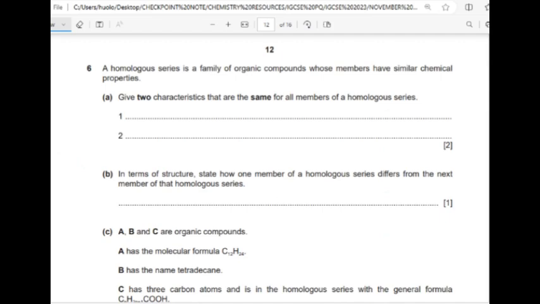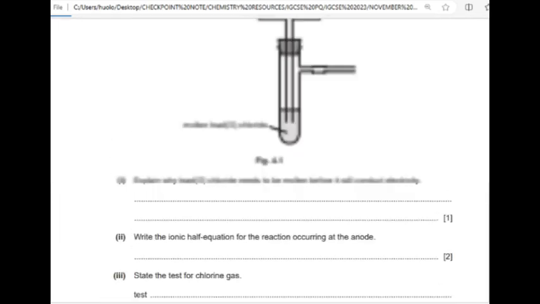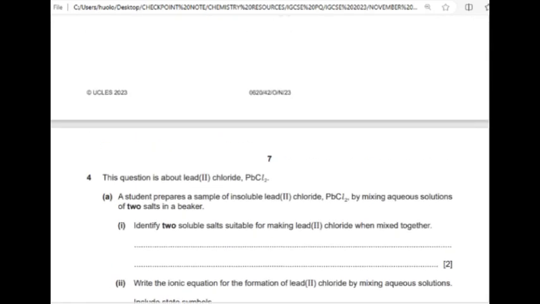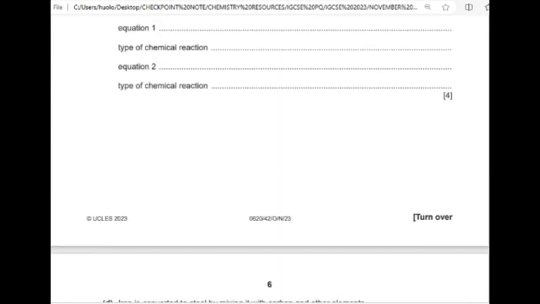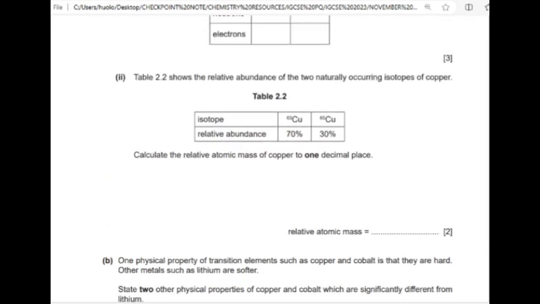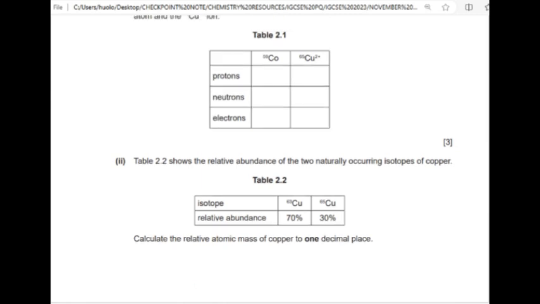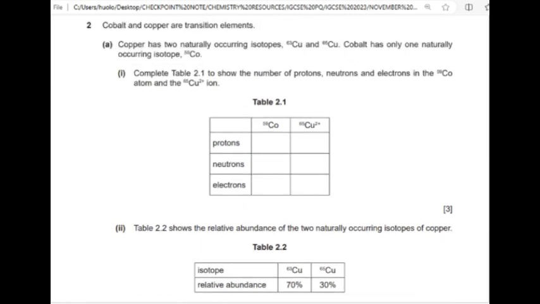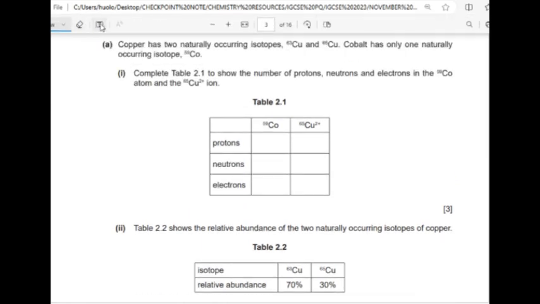Okay, so we are moving to question 2. So we are looking at question 2.